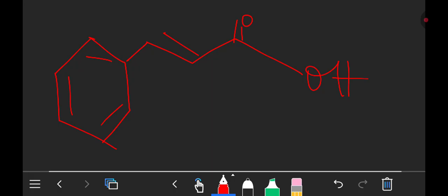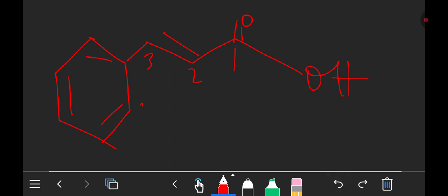So the name of this acid, you just count. So 1 carbon, 2 carbon, 3 carbon, right? This group is what we call phenyl.